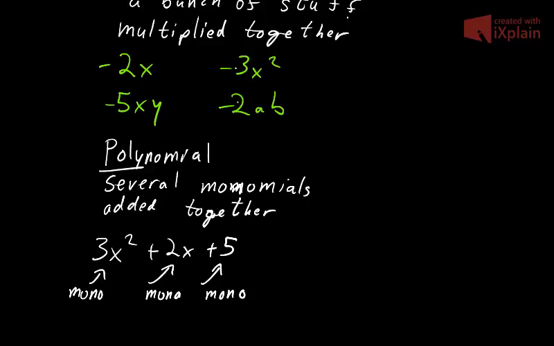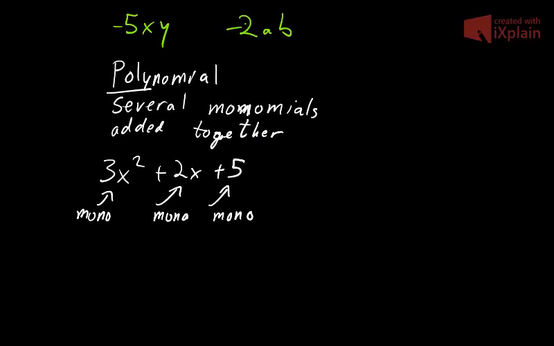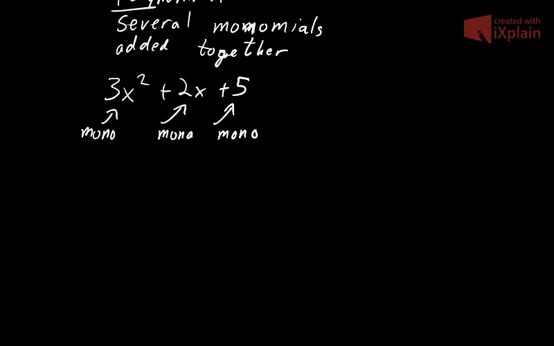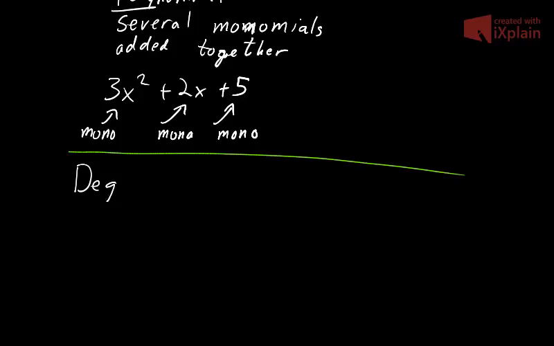So the first thing I want to make sure that we know is how to find the degree of one of these things. So there is going to be quite a bit of vocab to start here, but we're going to start with degree of a monomial. And degree is kind of a way to say the size of the monomial.